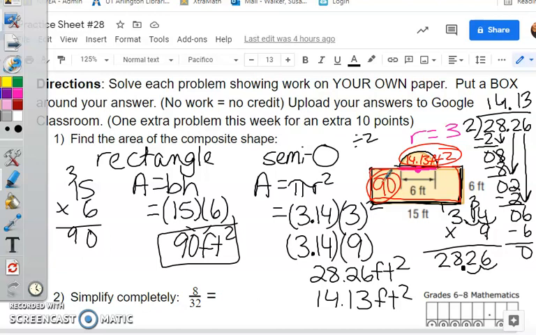Okay, so that's going to be your job. I want you to add 14.13 plus 90.00. Please do not put the 90 there, guys. That's wrong. It should be 90.00. Add that.